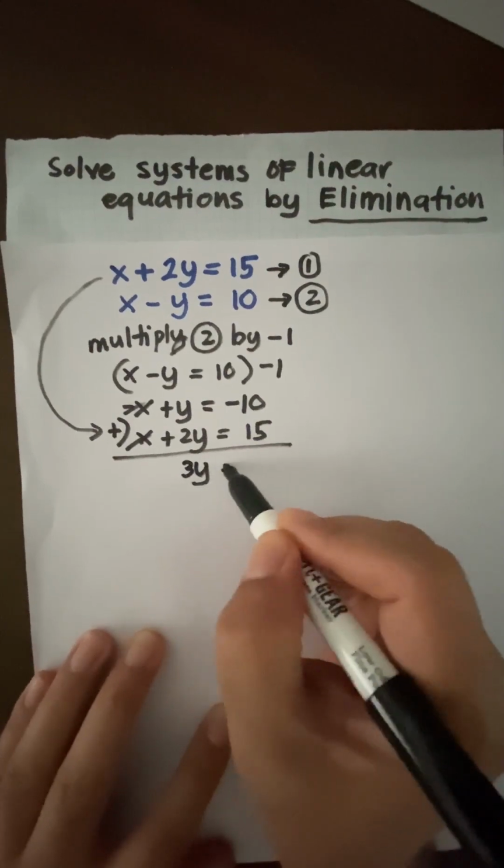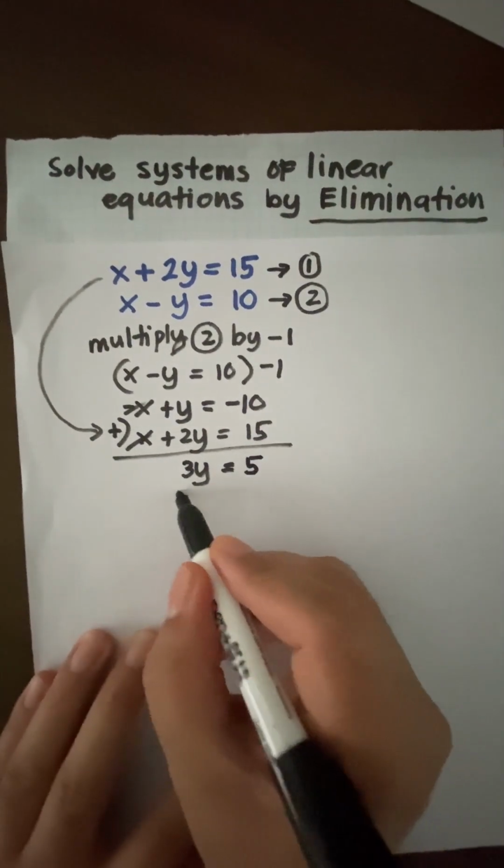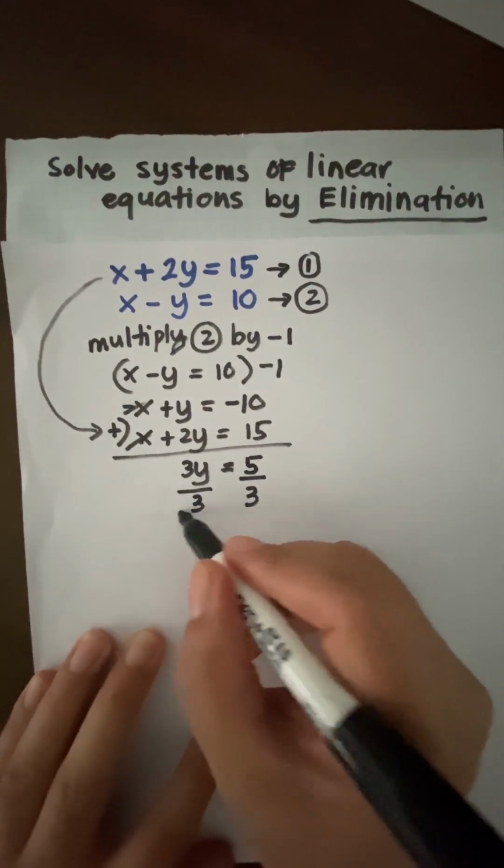We are now left with 3y equal to 5. We continue by solving the y variable. The value of y is 5 over 3 or 5/3.